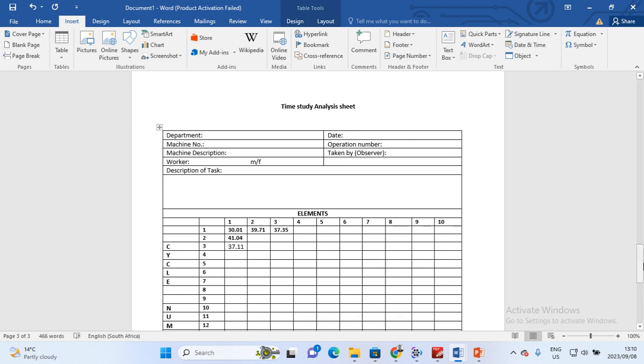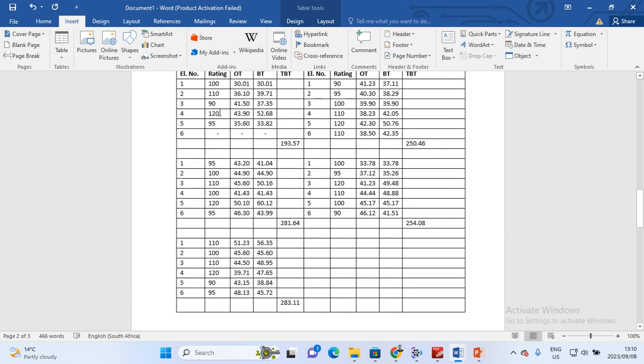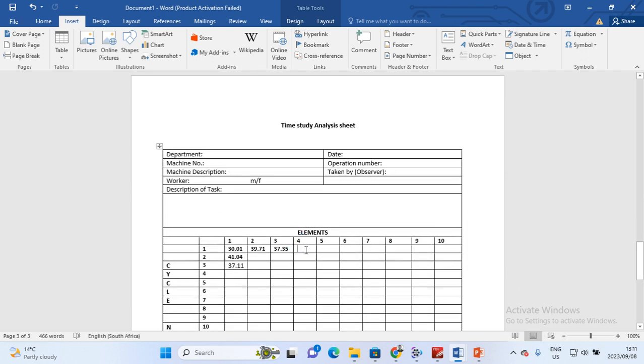We're going to do the last one, which is our first cycle, element 4. First cycle, element 4, we are talking about the basic time. It's going to be 52.68. So we're going to come here and just put 52.68. And that's how you go about filling your time study analysis sheet.